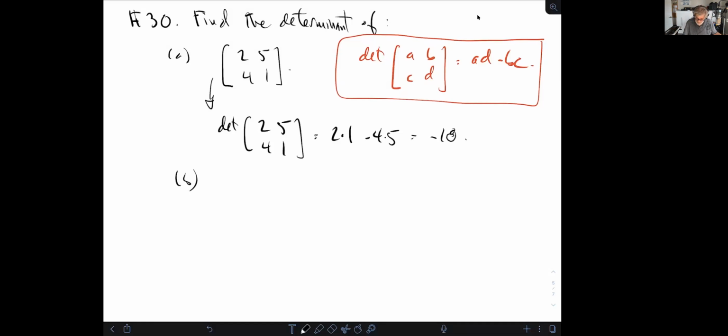Let's do B. The determinant of 6, 1, 3, minus 2 is minus 2 times 6 minus 3 times 1. So this is minus 12 minus 3, which is minus 15. Okay, and they're all the same.